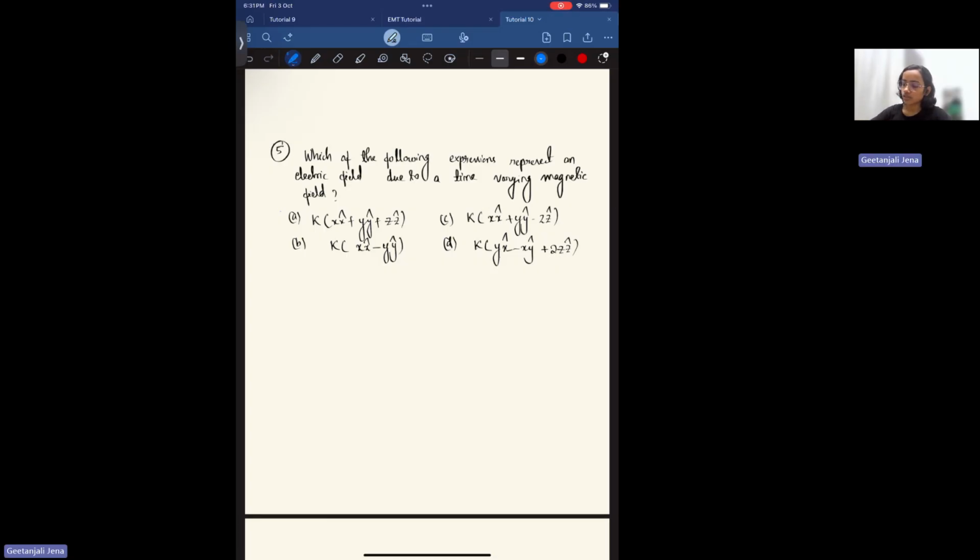Okay, so the fourth question is asking which one of the following expressions represents an electric field due to a time varying magnetic field.